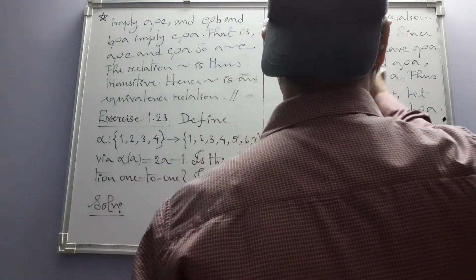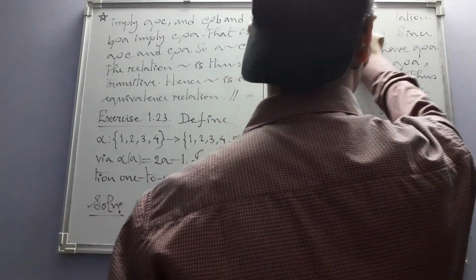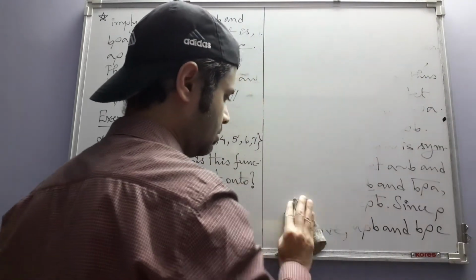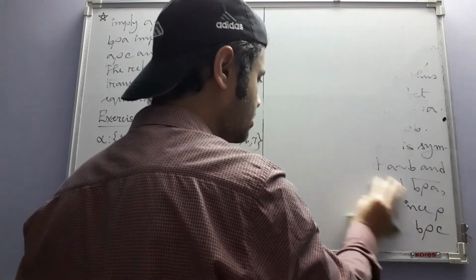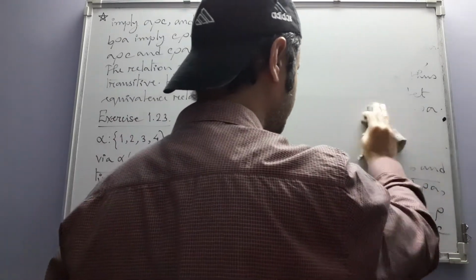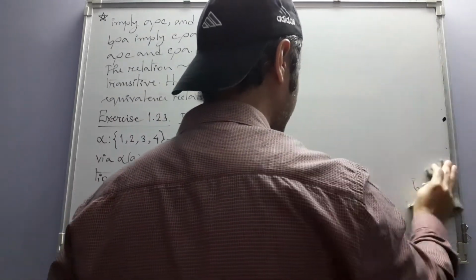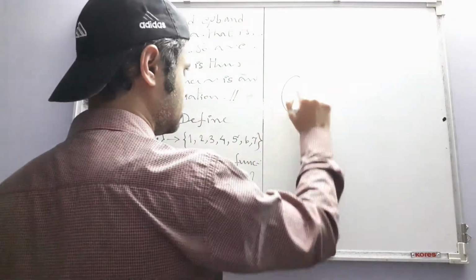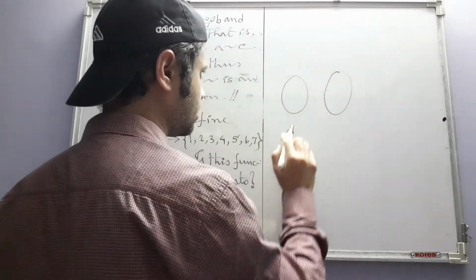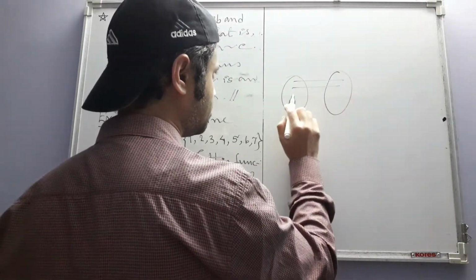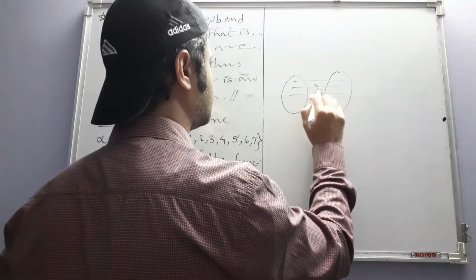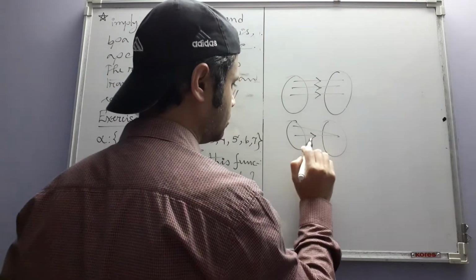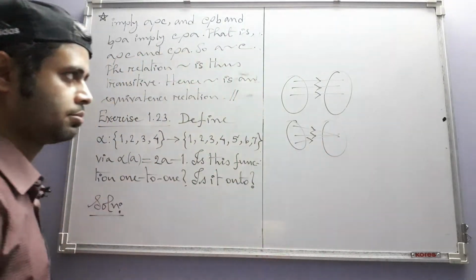The names of these properties, one-to-oneness and onto-ness, are very good names. The names almost tell you entirely what these properties are. One-to-oneness means like this. This is your first set, this is your second set. One-to-oneness means 1 to 1, as opposed to 2 to 1 or many to 1.